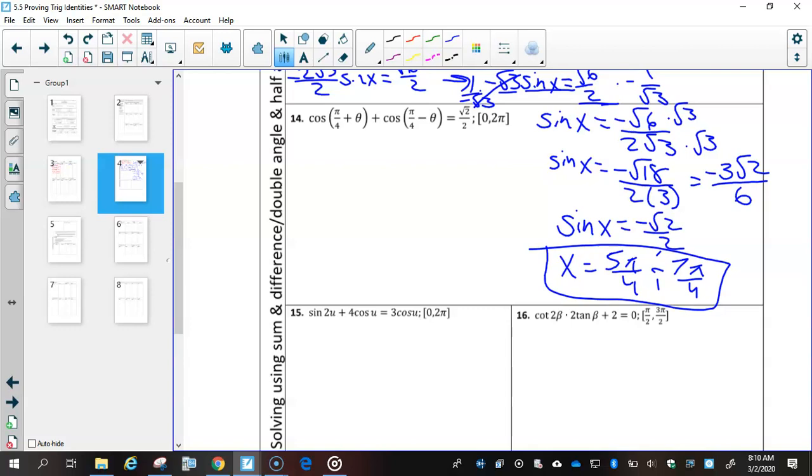So when you have to solve these equations, you will end up with some answer like if we were solving our trig equations. It's just more complex. Do we have any questions on that one?